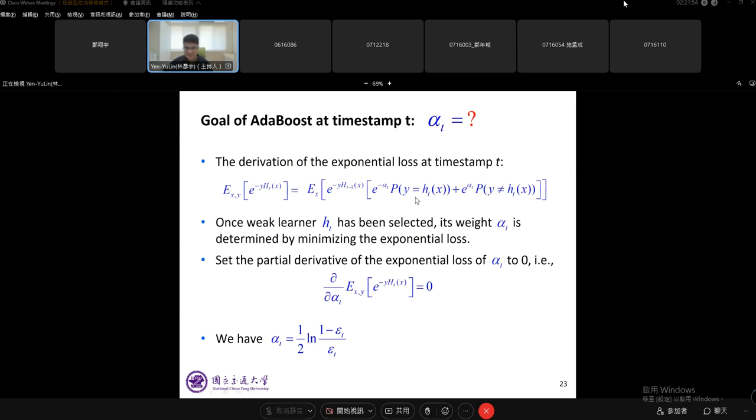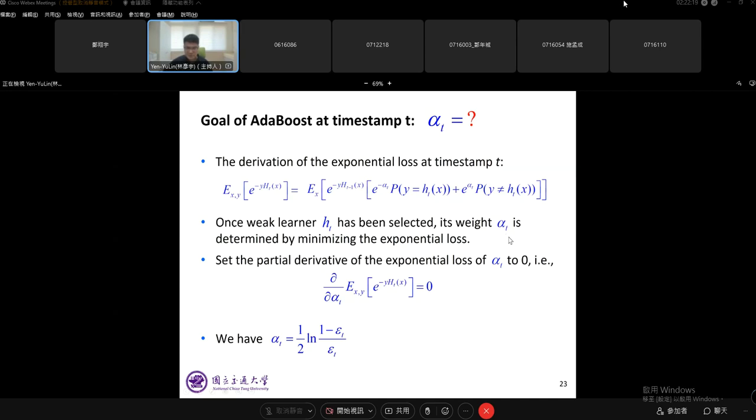We have these values, so these are fixed probabilities. In this situation, we can calculate the exponential loss as a function of alpha t.